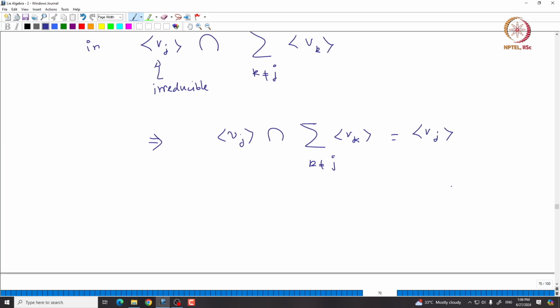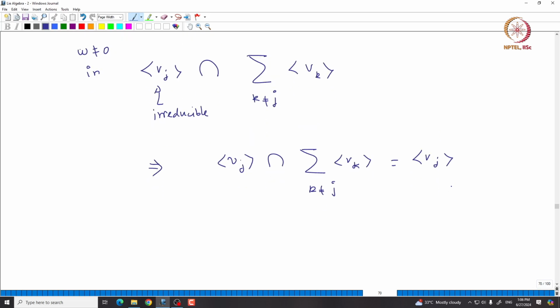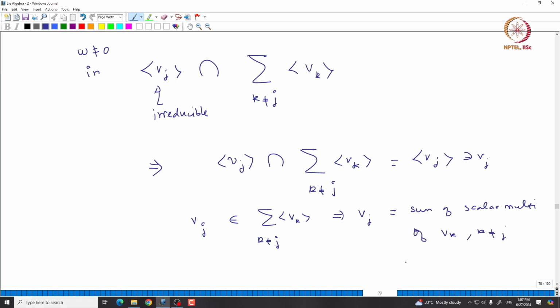So, now if you take this Vj, it lies inside the summation of Vk, k not equal to j. So, this forces that Vj is a sum of scalar multiples of the Vk, k not equal to j, which is a contradiction because the weight of this is m.